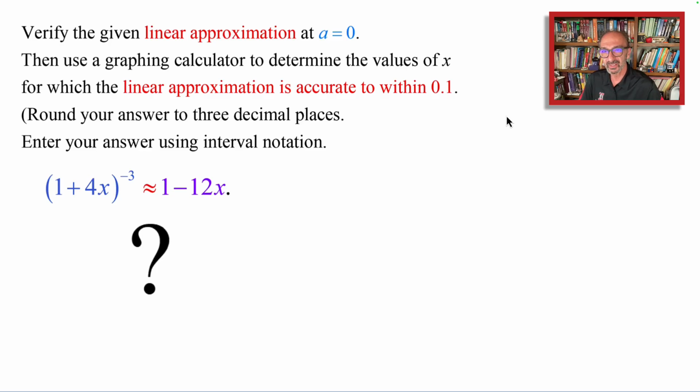Then use a graphing calculator. Now we're not going to use algebra steps. We're going to have to use a graphing calculator or any graphing application to determine the values of x.